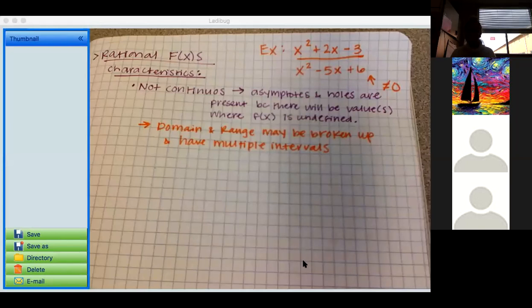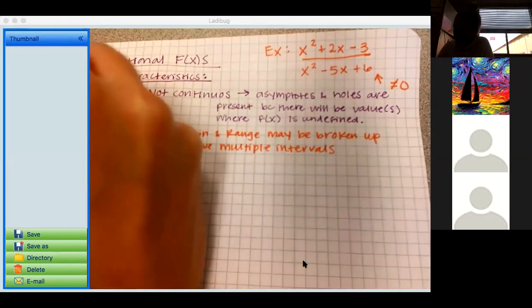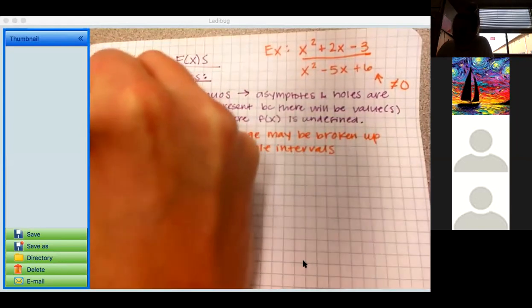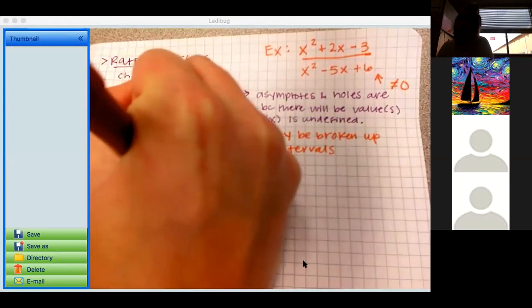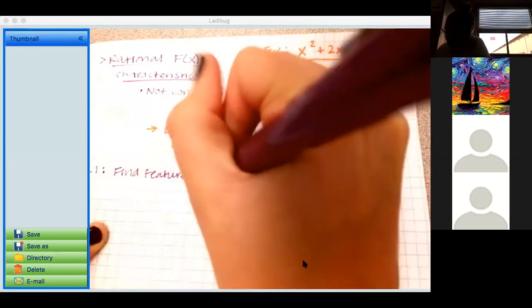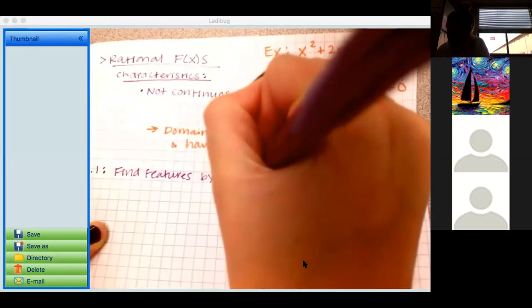All right, so let's do 2 examples where we're just looking at the graphs, and then I have to show you a couple more things, okay? But then we'll be done, and you should have homework time. So example 1, we're gonna find the features by graphing, and you can absolutely look at the graph in Desmos.